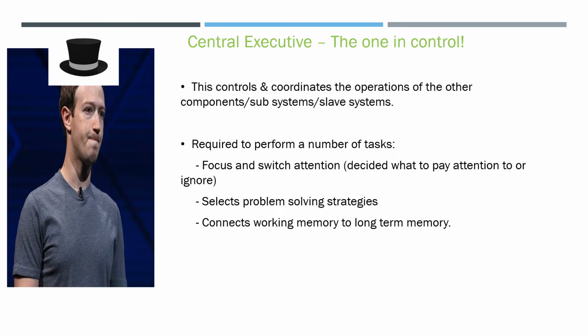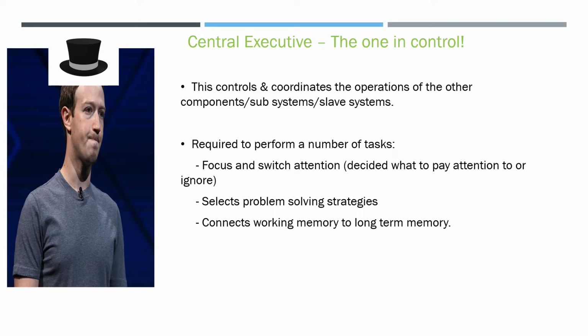It is required to perform a number of different tasks, so it focuses and switches attention. So when you are thinking about lots of things and lots of different things pop into your head, it's the central executive that is deciding which bit to pay attention to, which bit to ignore. It does work with some problem solving strategies to try and help you out a little bit, and it connects the working memory to the long-term memory.